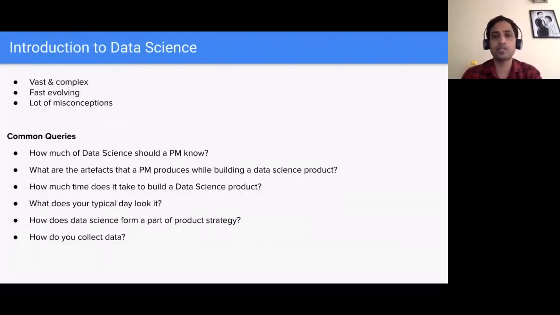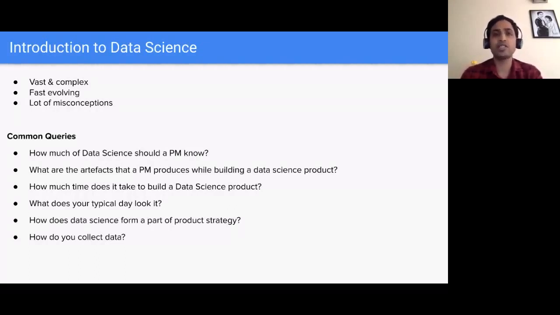It's very fast evolving in terms of the techniques that we use, in terms of the data that we generate. We generate so much data on a regular basis, right? And the kind of problems that we're trying to solve, right? So it's a fast evolving space, and keeping up with the space becomes virtually impossible for many of us, right? So that's why it makes this space much more interesting.